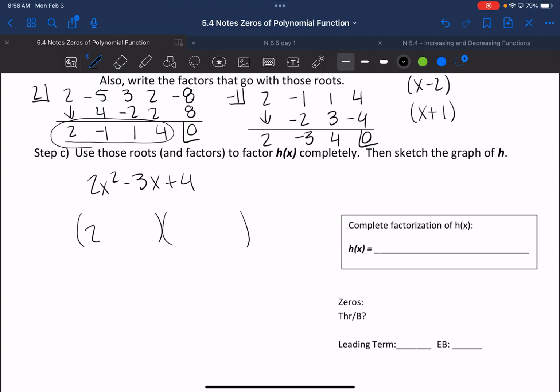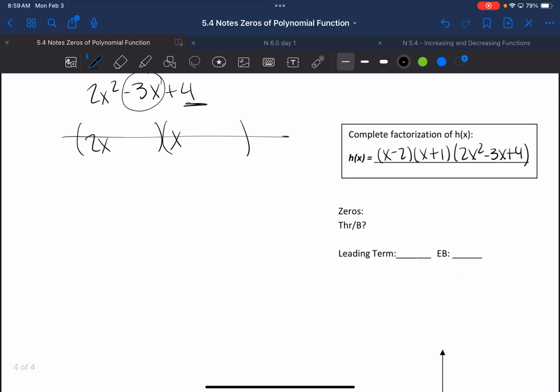Well, we know here it has to be 2x and x, right? And then the only possible combinations that multiply to give me 4 would be 2 and 2 and 1 and 4. But is there any way we're going to end up getting that negative 3 in the middle? Okay, so it doesn't factor any further. So as far as it factors, we would only be able to include the x minus 2, the x plus 1, and the 2x squared minus 3x plus 4 would be how we would have to write the factorization there. Okay, so it didn't factor.